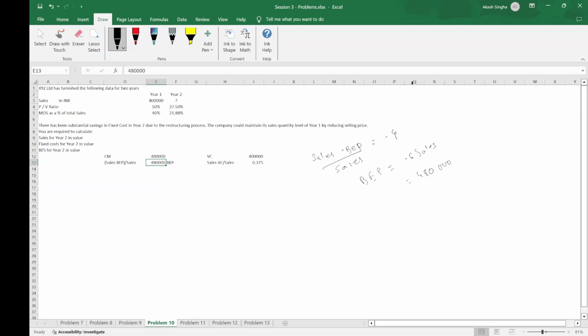So this is the break-even point. This much of sales we have to do, right?